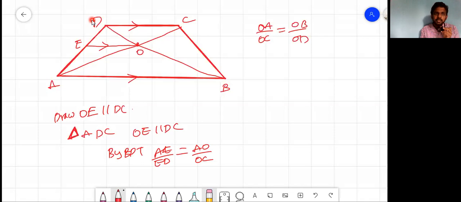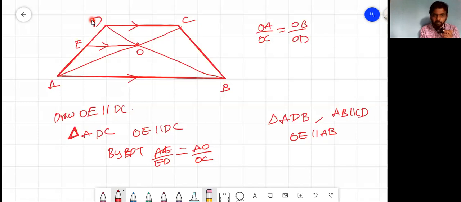So similarly, consider triangle ADB. In triangle ADB also, I'm having OE parallel to AB, because I already have that AB is parallel to CD or DC. I have drawn OE parallel to DC, which means this is parallel to AB also.